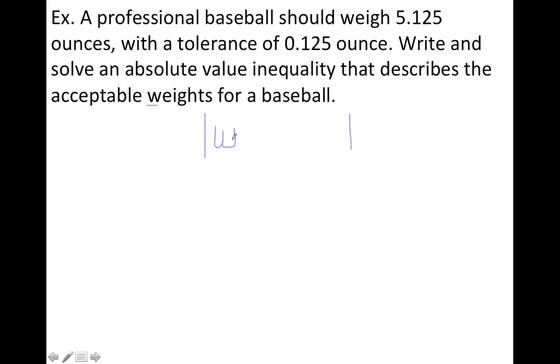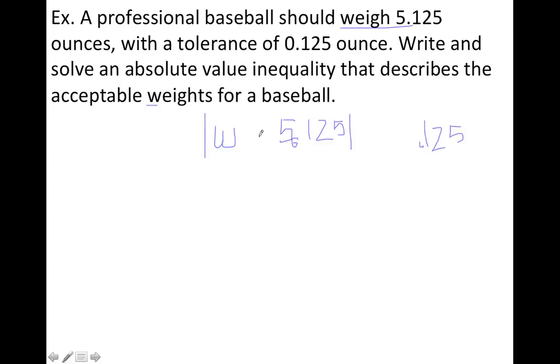And then since W is our weight, what it should weigh is going to go inside our absolute value. So I have 5.125 on the inside here. And then the tolerance will always go on the right-hand side. So we have 0.125. Now we have to determine what way our absolute value goes and what sign goes in the middle here.